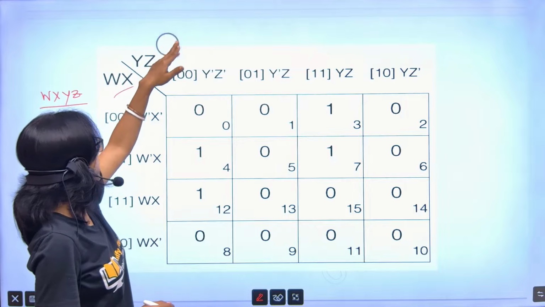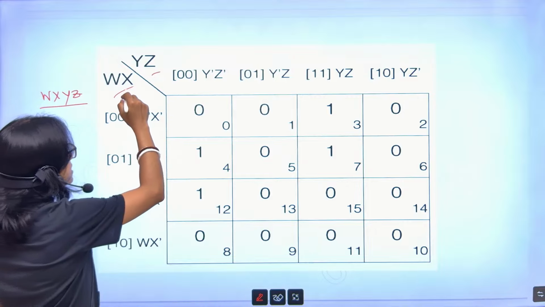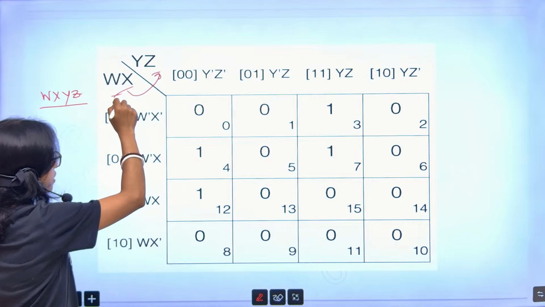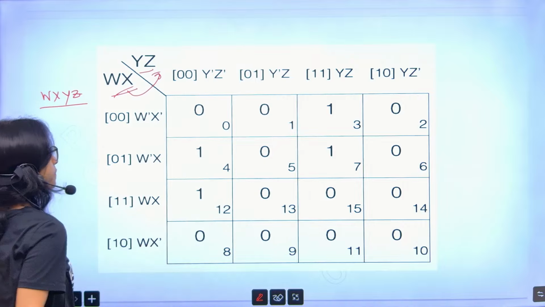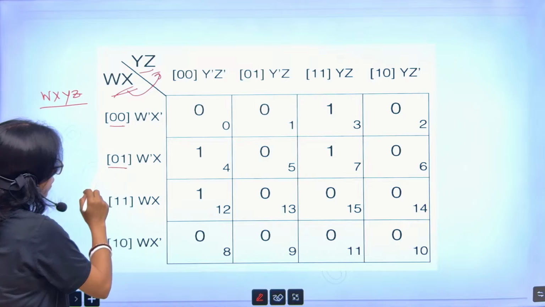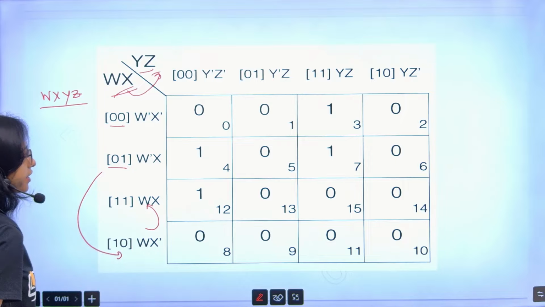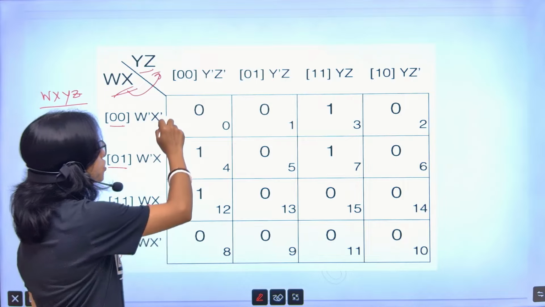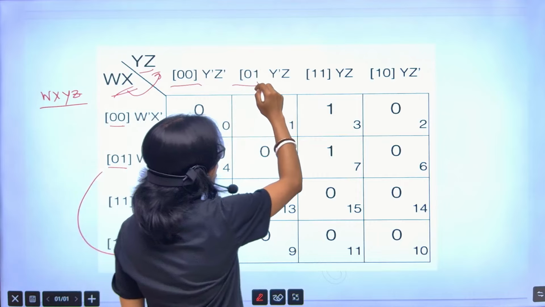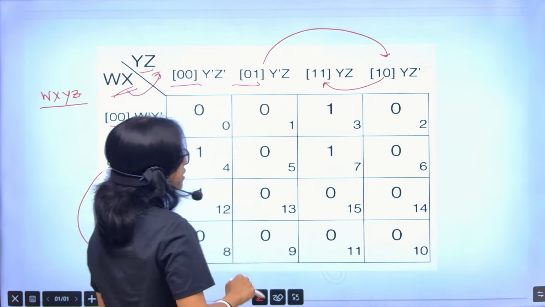As I wrote wx, yz, we are going to read in this sequence, wx then yz. So now the values 0 0, 0 1, 1 0 are going here, 1 1 is coming here. Here also 0 0, 0 1, after that 1 0 and 1 1 is coming here.